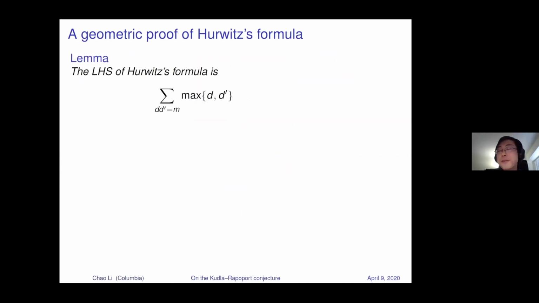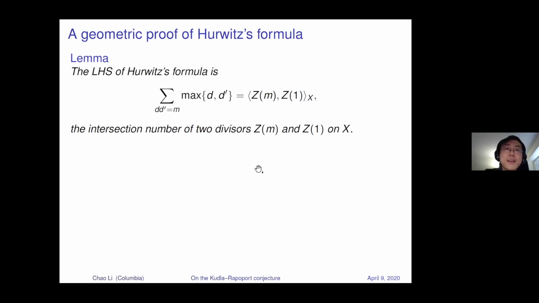I start from an integer m and I construct these 2 divisors Z_m and Z_1. The first step of Hurwitz's proof of the Hurwitz formula is to recognize that the left-hand side, this elementary divisor sum, is in fact equal to the intersection number of Z_m and Z_1. I will leave the proof of this formula as a little exercise for you, because intersection theory on A1 cross A1 is quite simple.